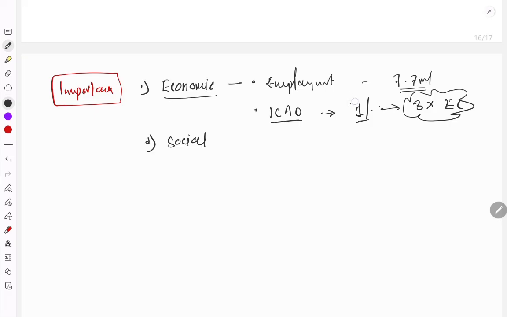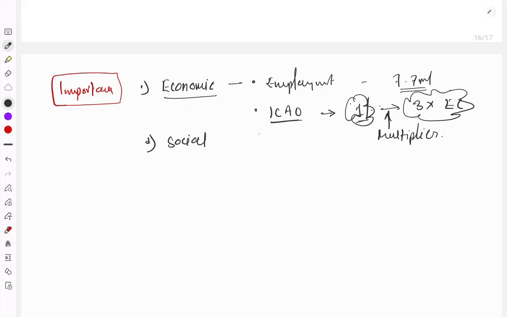So it is very significant because it creates a multiplier effect. What is the multiplier effect? When we invest in infrastructure like aviation, roads, ports and other capital investment, it facilitates other economic activity, and other economic sectors also grow.